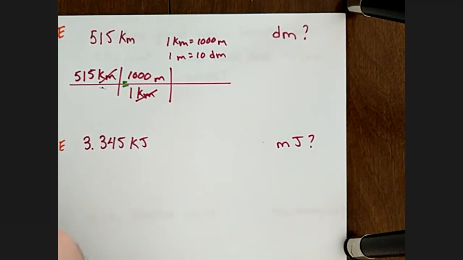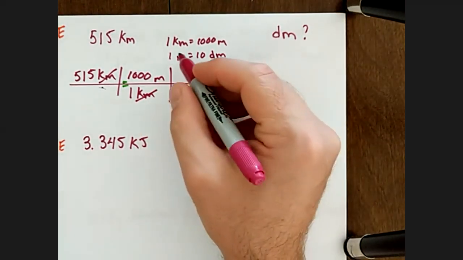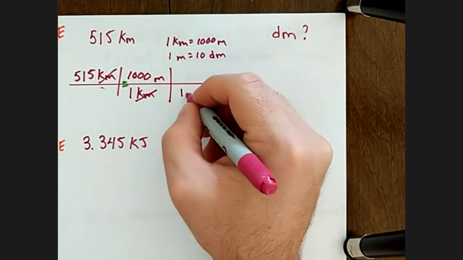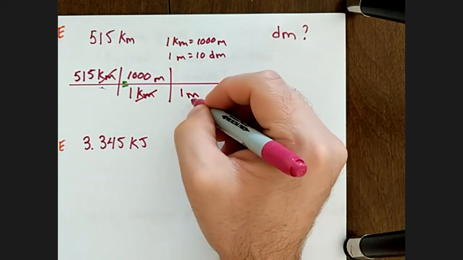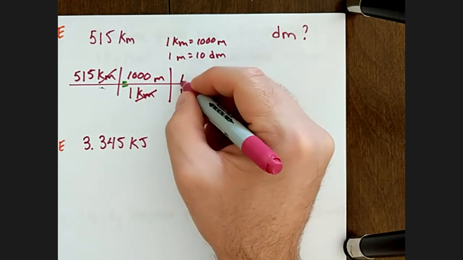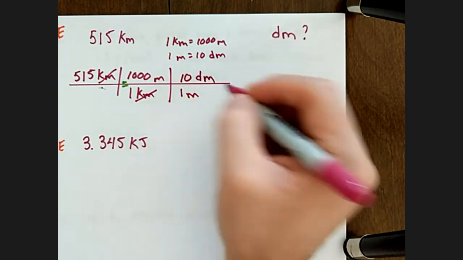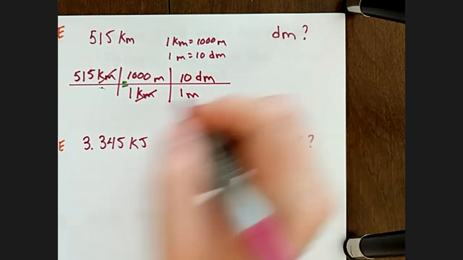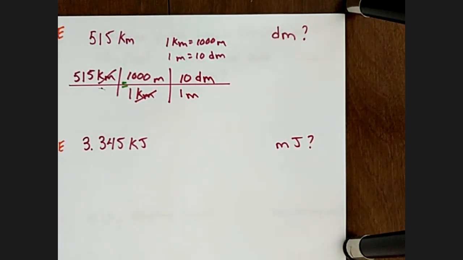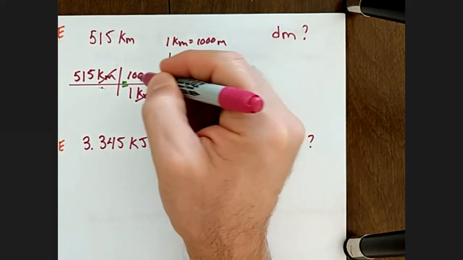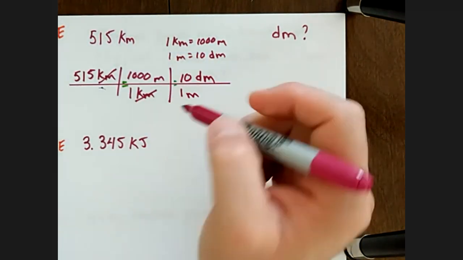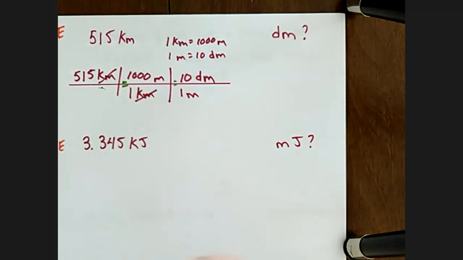Right? But we don't want meters, we want decimeters. So our next step is then in 1 meter. Again, setting the terms opposite helps you to know which one to go where, equals 10 decimeters. Okay, again, the top and bottom function as our equal sign. Now the way this would work then is you would multiply all the numbers on the top and divide by all the numbers on the bottom.